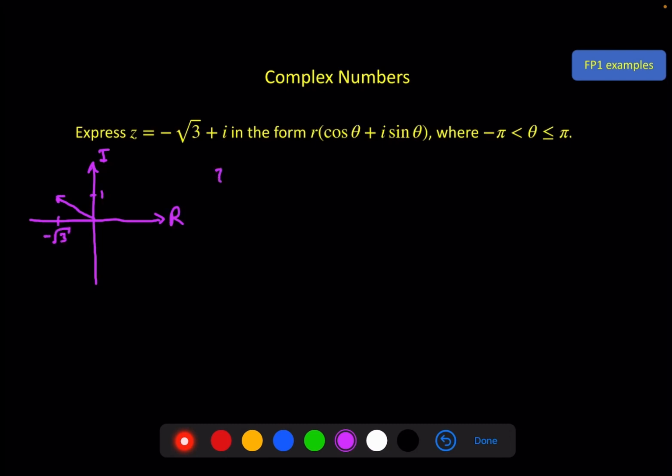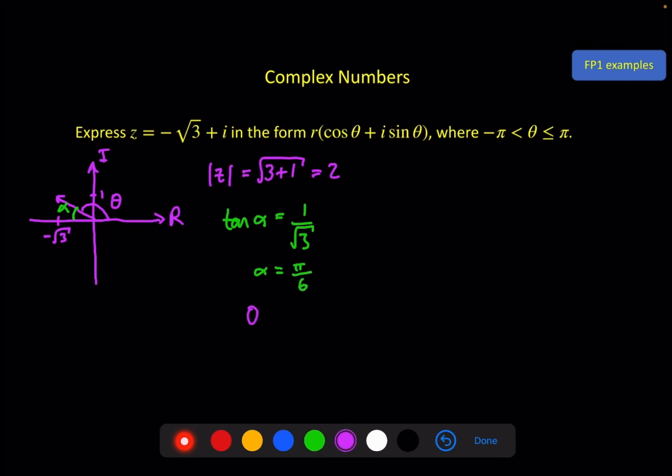So the modulus of z is equal to root 3 squared plus 1 squared, square rooted, which is 2. And the argument of z is this angle here, although my calculator is likely to give me this angle alpha. And that is pi by 6.